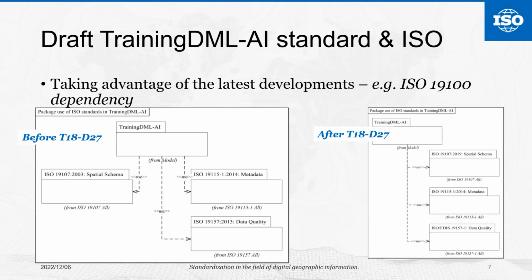Now, there are 2 examples that I'd like to highlight as a result of our effort in the testbed and our review of the standard. On the left, you see that before testbed task D27, the dependencies were referring to deprecated or superseded versions of these standards, which is perhaps not so efficient for the future training DML AI standard.